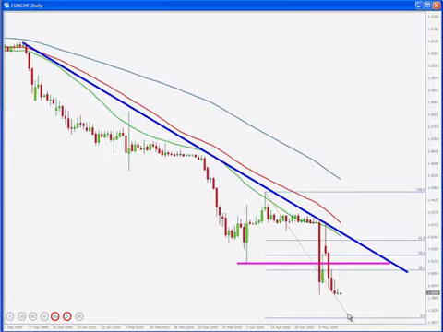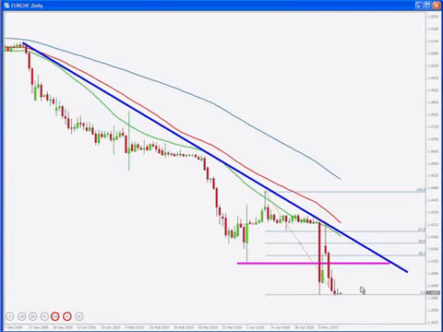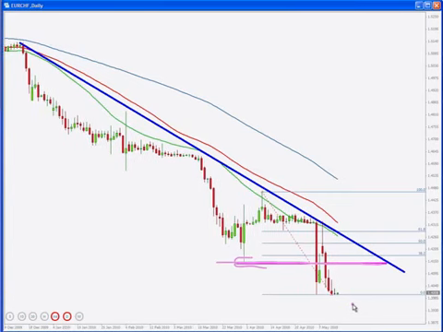As it stands right now, being this level the very low point of this current swing, I cannot, at least at this moment, take this swing low and therefore this horizontal line into the equation in order to form a confluence. So for the time being, I'm not going to take this one into consideration.